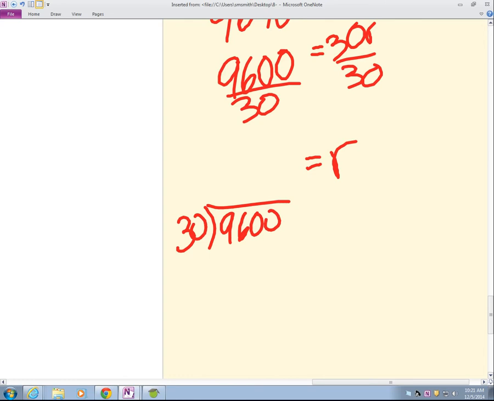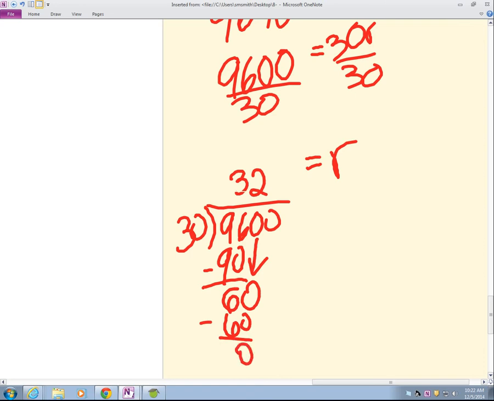How many times does 30 go into 96? It goes in 3 times, so this is going to be 90. Oops, 96. It does not go into 6. This is going to be 2. And it doesn't go in there, so 320 equals R.